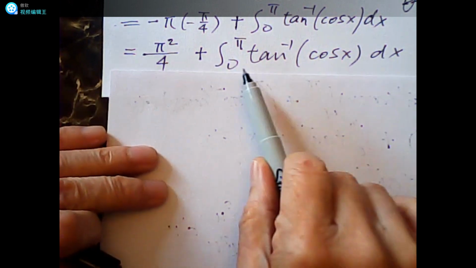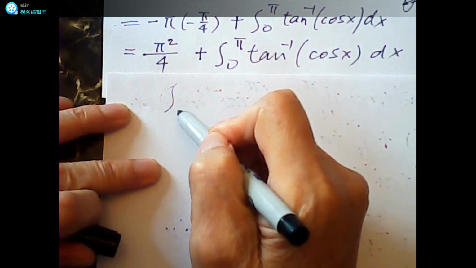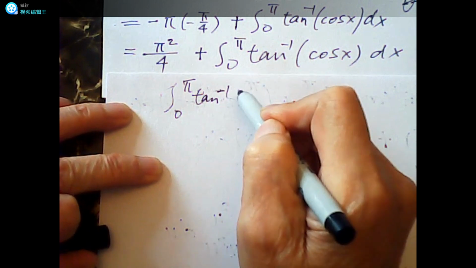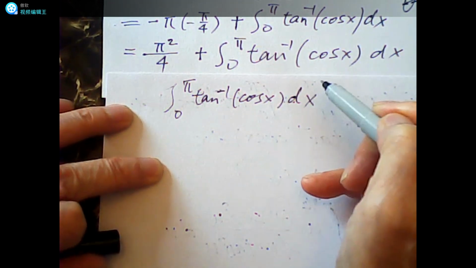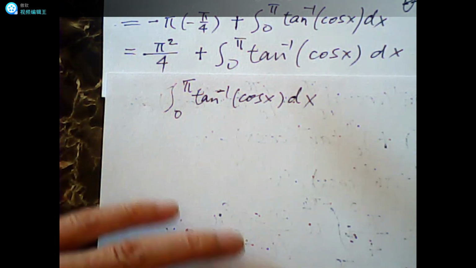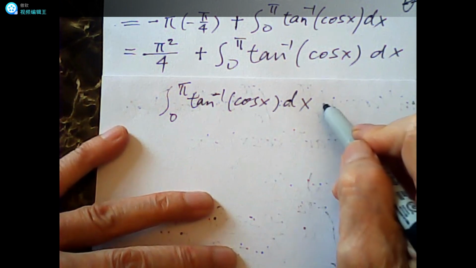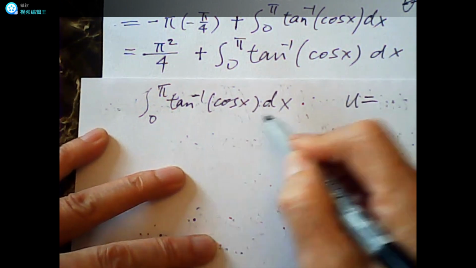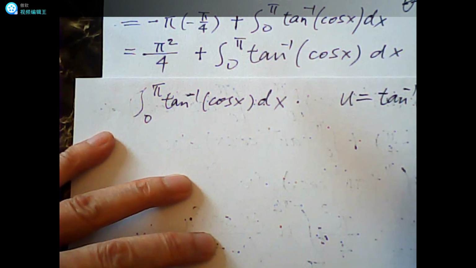Then I continue to do this integral, the integral from 0 to pi of arctangent cosine x dx. For this integral, I use substitution. Let u be arctangent cosine x.